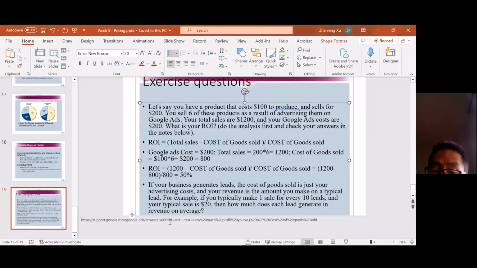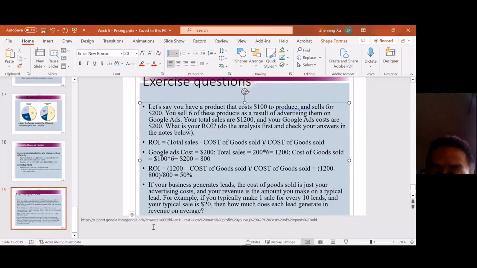So for every one sale you get, you need 10 leads. Lead means a customer who comes to your website, or a customer who calls you. And then out of these 10 customers, only one of them will make the final purchase.